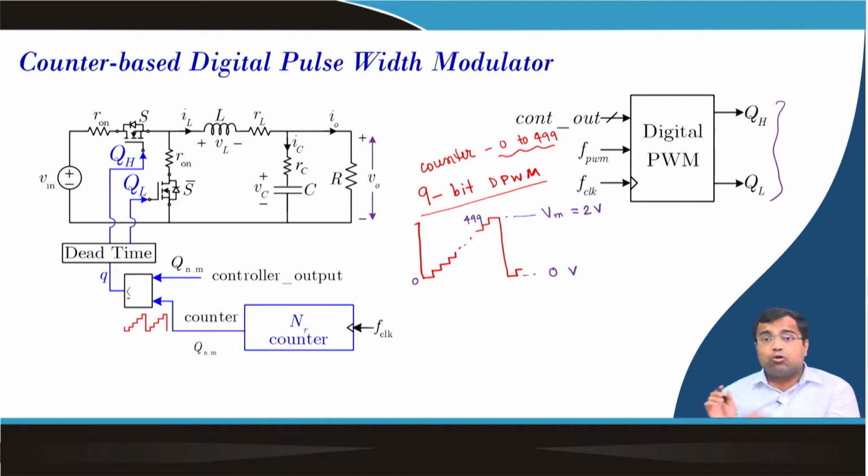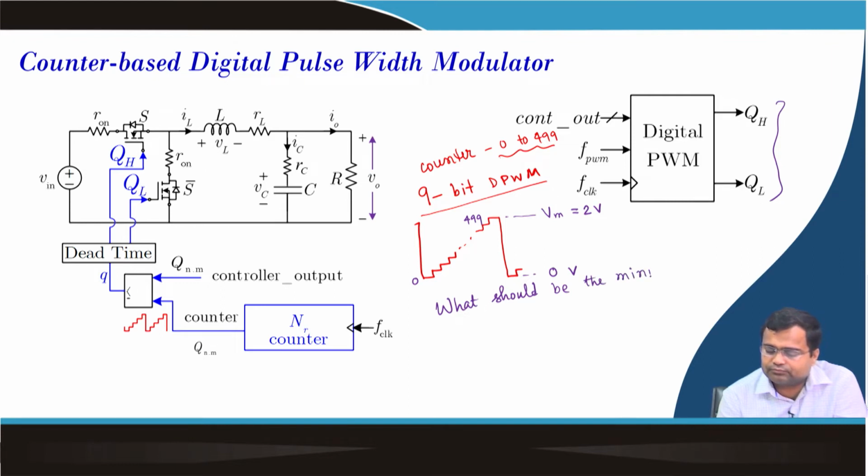So, this is from the counter point of view. What should be the Q format? The question is, what should be the minimum size of the counter.